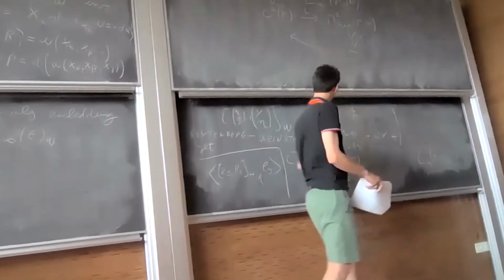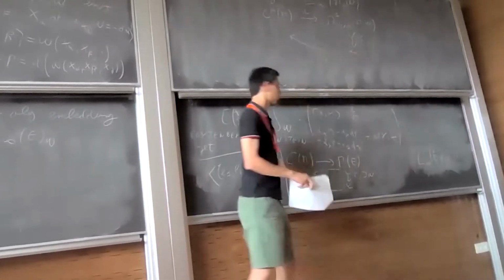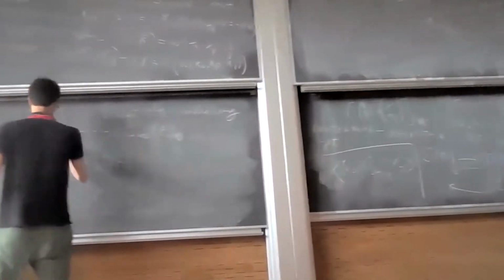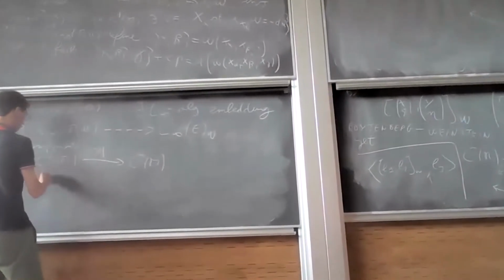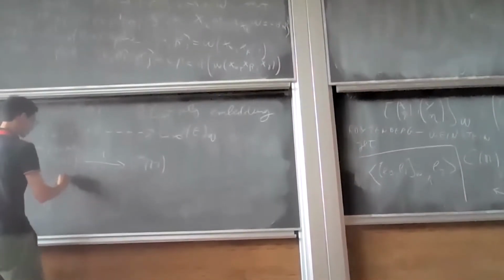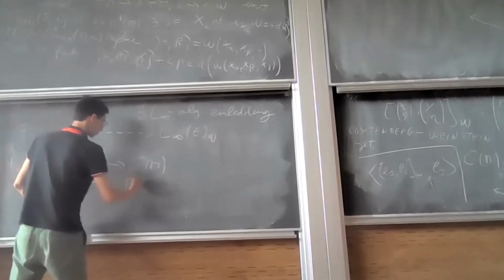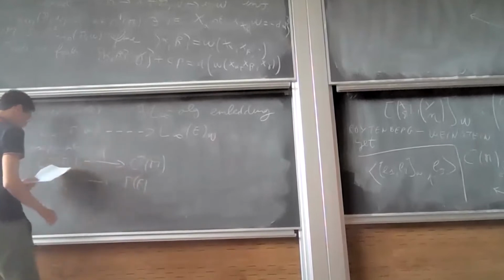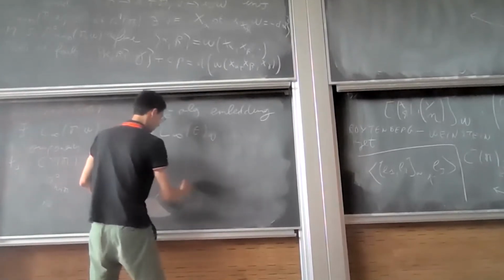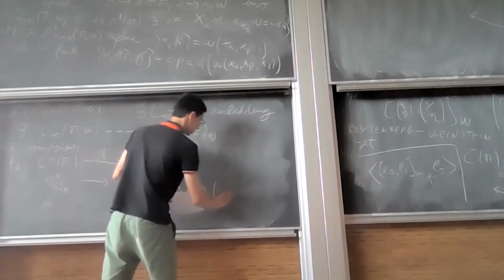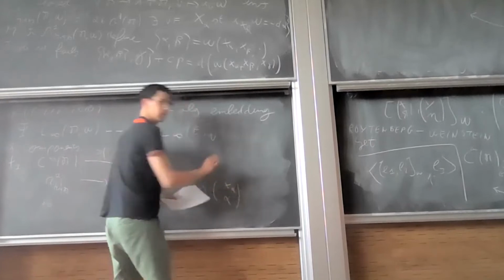Degree -1 and 0. So from degree -1 to degree -1, you just have the identity. And from degree 0, 1 forms, so we have the sections of the algebroids. And this is exactly the same formula that I have. Again, alpha goes to alpha.